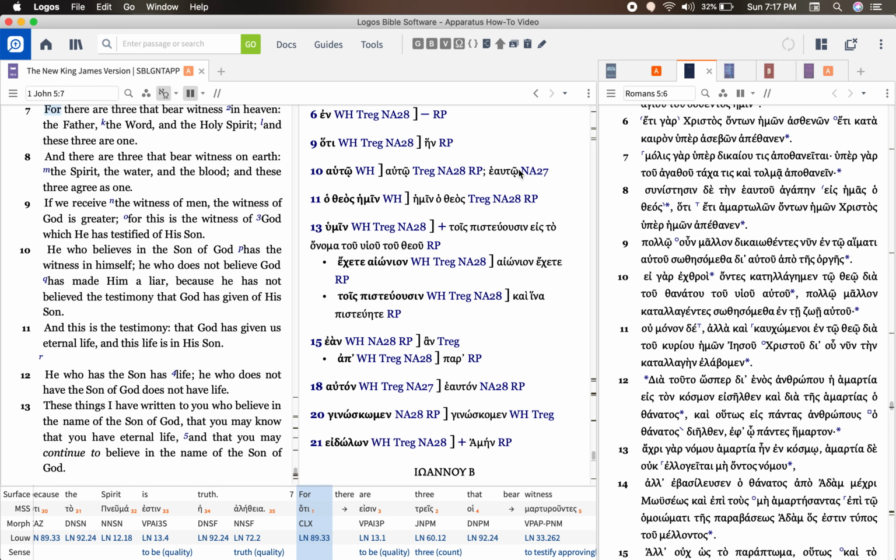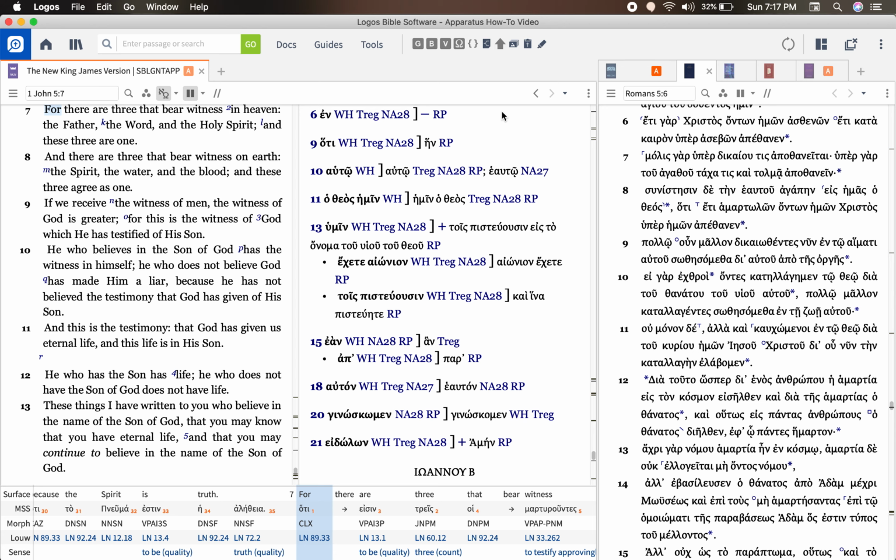And we're not going to look too much at the NA28, but I do this because this is a highly debated passage among scholars, whether it's genuine or not. Most scholars would say it's not genuine. But anyway, I just wanted to show you the base of the critical apparatus for the SBLGNT.